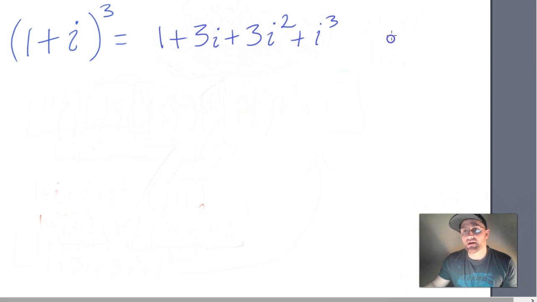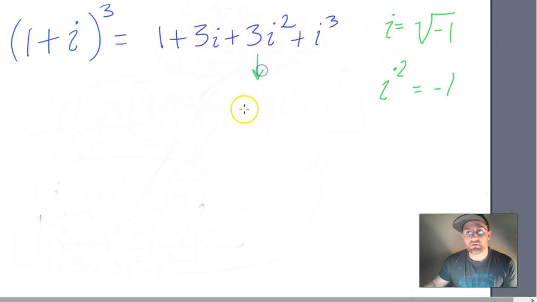So we know that I is equal to the square root of negative 1. Therefore, if we square I, that gets us back to the radicand of negative 1, right? So here we have 3 times negative 1 plus I cubed.